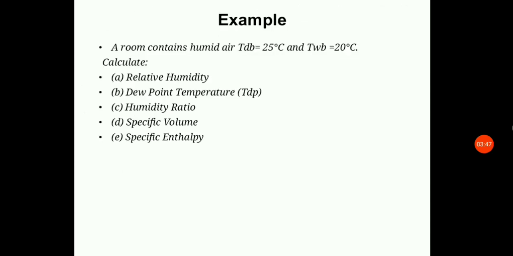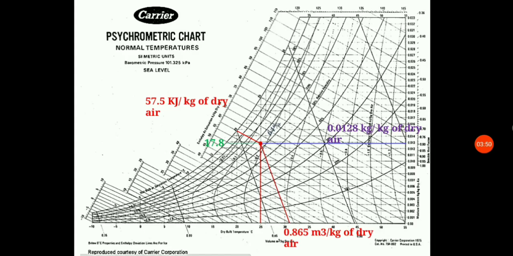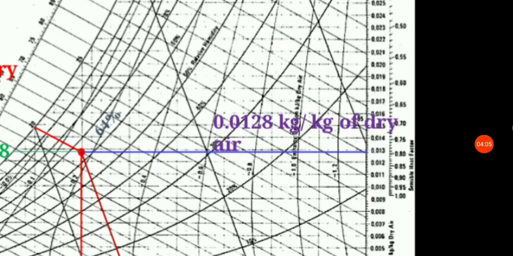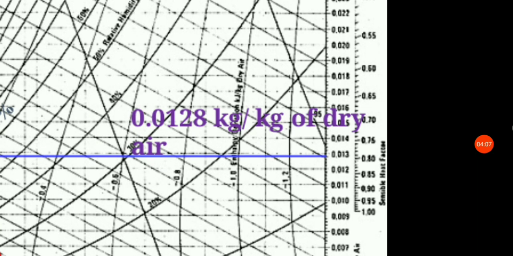Then next we have to find out the humidity ratio or specific humidity. To find out the specific humidity, just draw a line horizontally towards the right. This line, drawn horizontally, crosses the specific humidity scale, and it comes out to be 0.0128 kg per kg of dry air. So here we can see the value of the specific humidity.